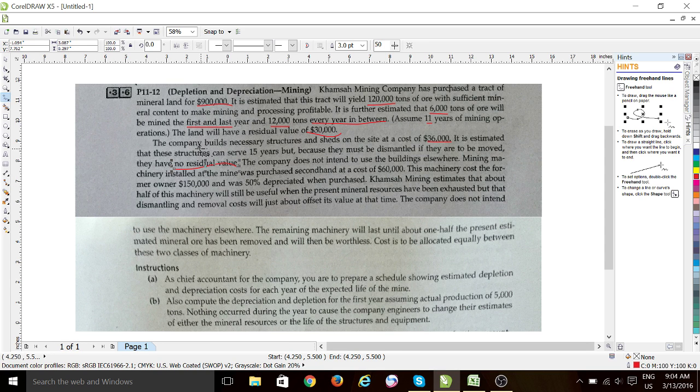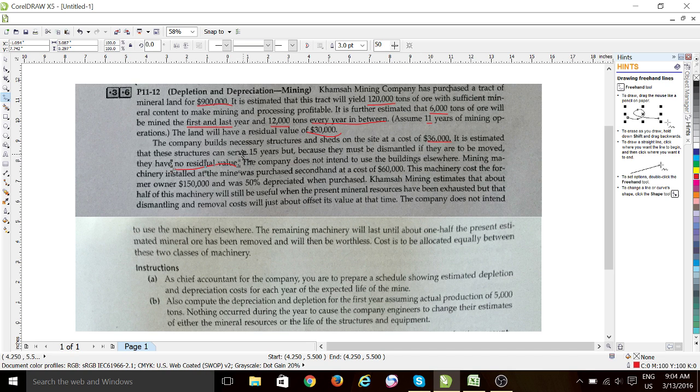So, is this a depletion? Should we deplete or depreciate this building? This building is a tangible asset that cannot be moved, or the company does not intend to move it. So this building is depreciated because it's a tangible asset that cannot be moved.